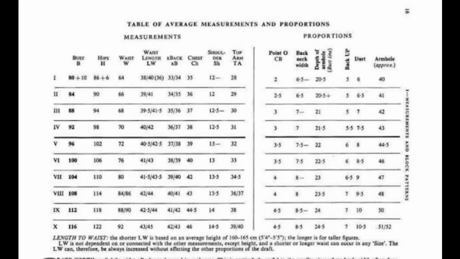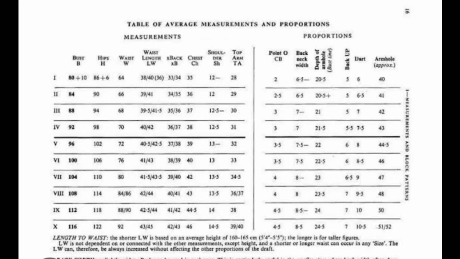Now, on this table, we'll start by identifying the columns that are similar to our measurement or close to our measurement. Not everyone will see their accurate measurement, while some will. Let's start by identifying the columns that are similar or close to the measurement I took on my model.